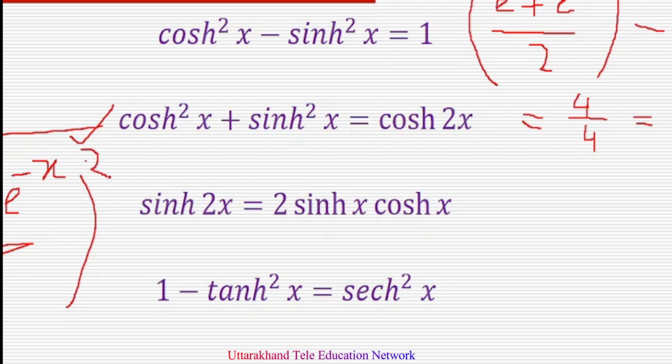Now on solving, the e raised to power 2x terms will be added and we'll get e raised to power 2x twice, that is 2 e raised to power 2x, plus twice of e raised to power minus 2x, over 4.